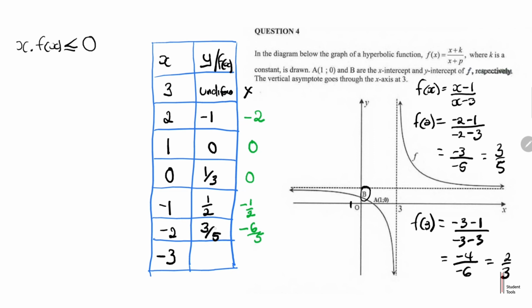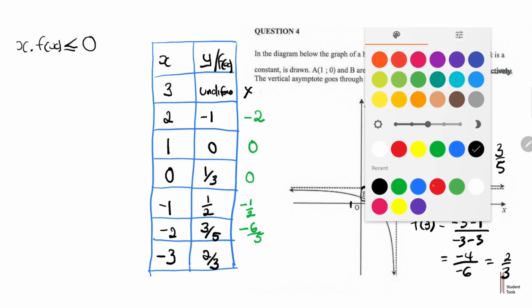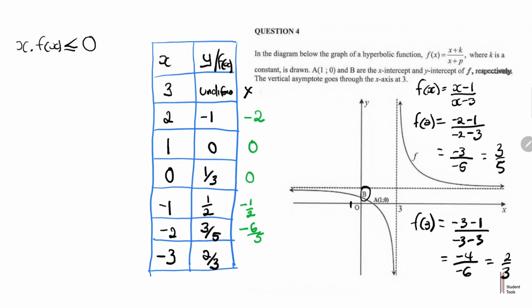That means our f of x is equal to 2 over 3. And then what happens when we multiply x and f of x? We have negative 3 multiplied by 2 over 3. So we get negative 6 over 3, which is actually equal to negative 2.